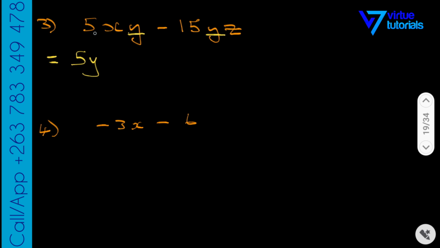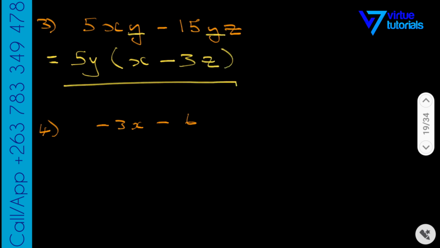If I say 5xy divided by 5y, the 5 and y cancel out, I have x. Minus 15 divided by 5, that's 3. The y's cancel off, that's 3z here. So 5xy minus 15yz is equal to 5y times x minus 3z. If I were to multiply this times that, I would come back here.